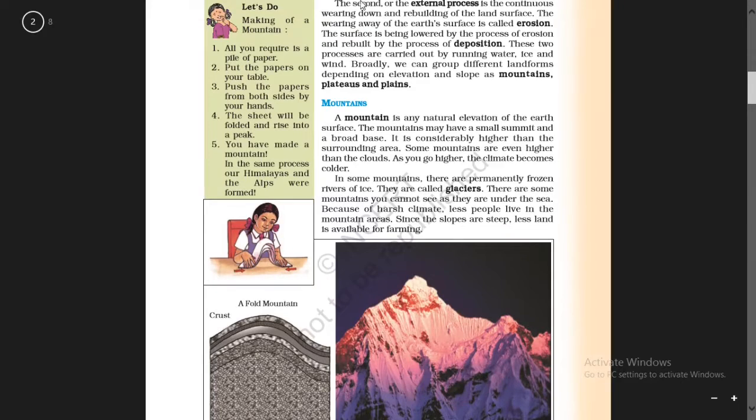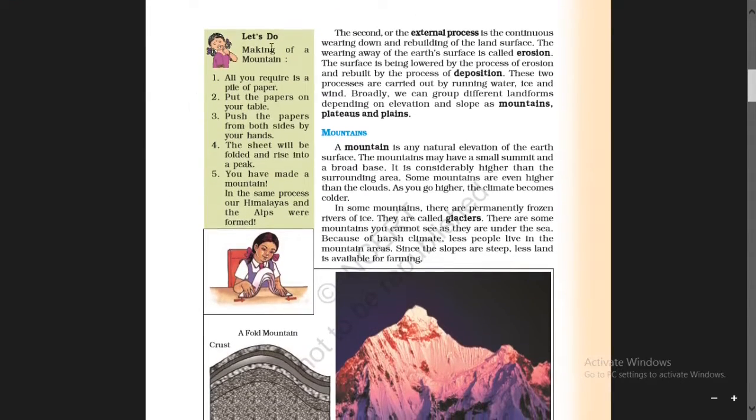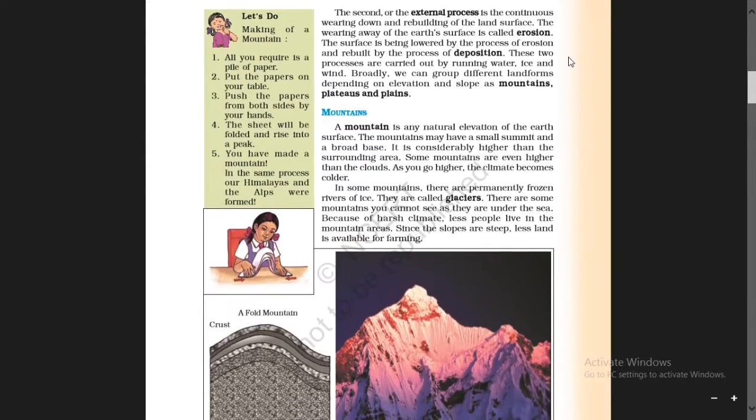The second or the external process is the continuous wearing down and rebuilding of the land surface. The wearing away of the earth's surface is called erosion. Mark this one. What is erosion, boys? The wearing away of the earth's surface is called erosion.